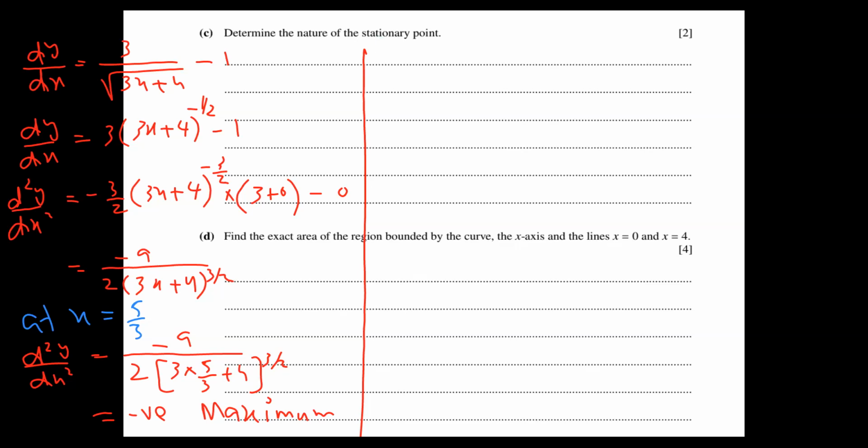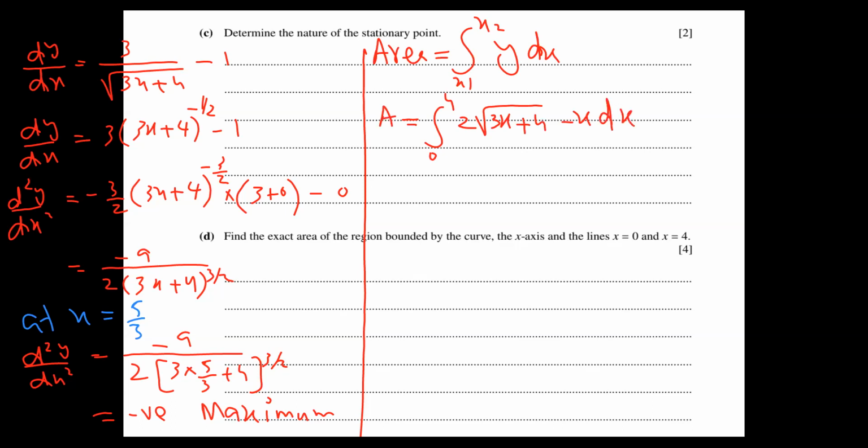The basic formula to find area about the x-axis is the integral from x1 to x2 of y dx. I will plug in all values: lower limit 0, upper limit 4, and the y equation we have is 2 root of 3x plus 4 minus x, dx. I'm going to find A for area.